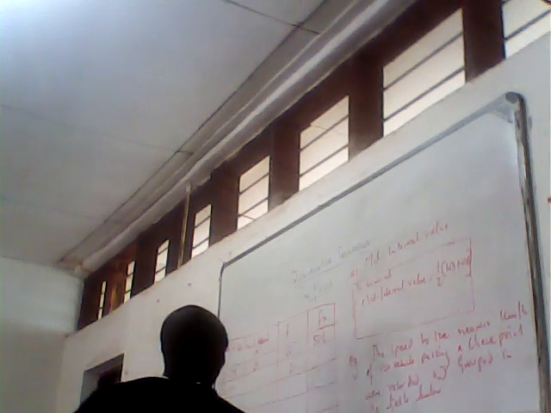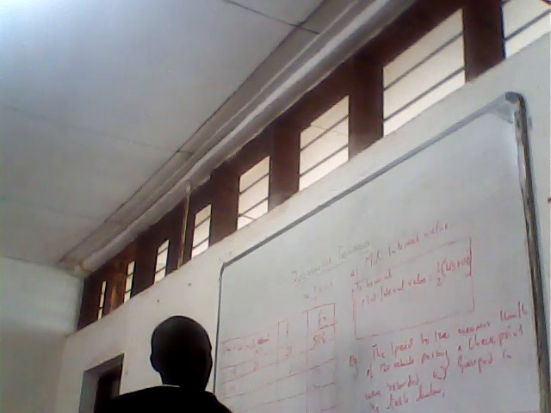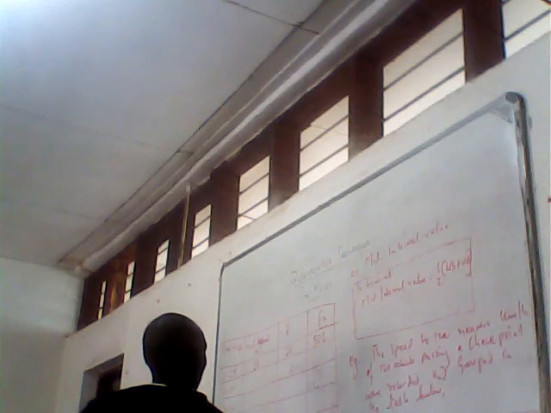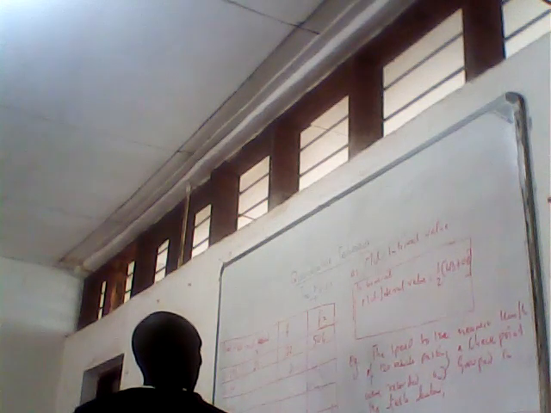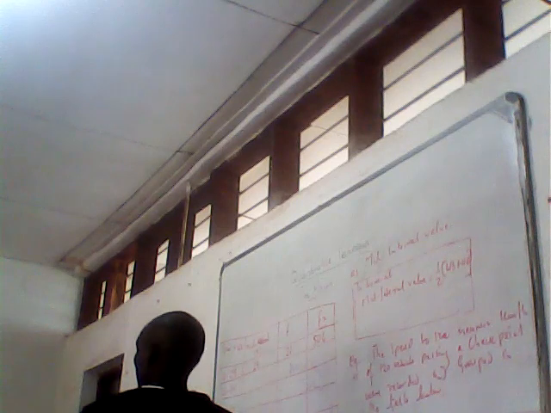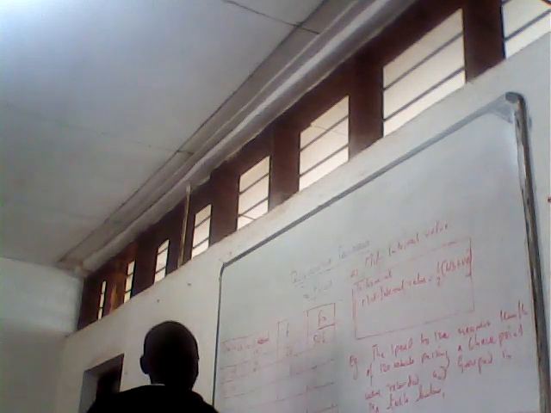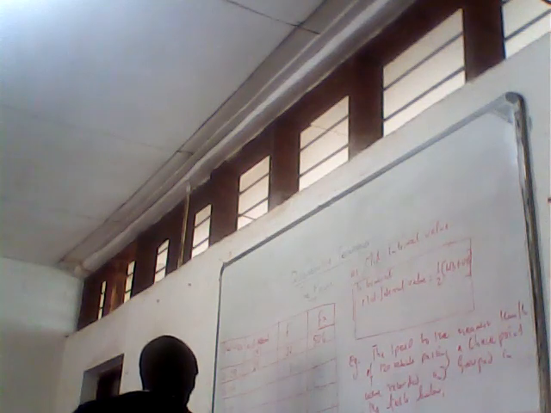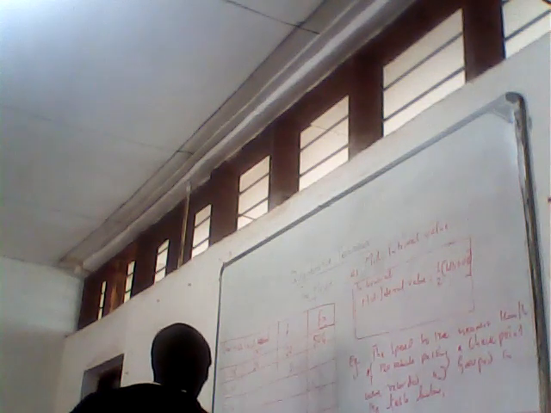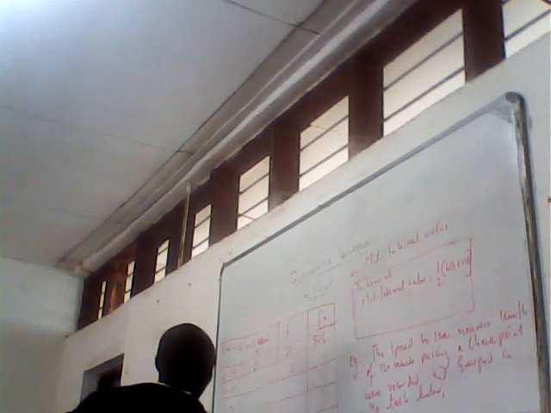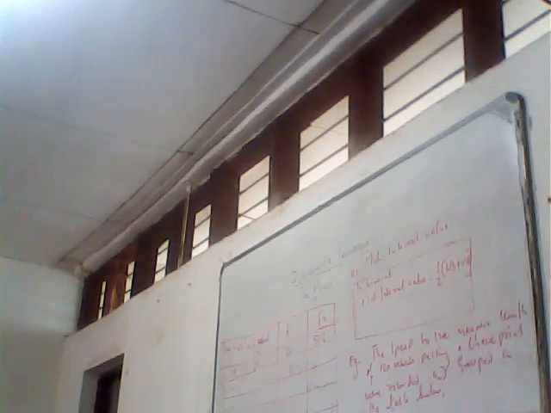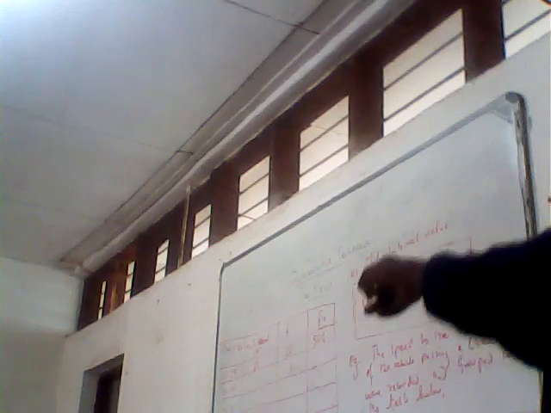After you have done that, add your frequencies and add your fx. From there, find the mean. The mean of the distribution is equal to the sum of fx divided by the sum of f. Can you do that? Yvonne, you can do that? Do it. I want to see the results.